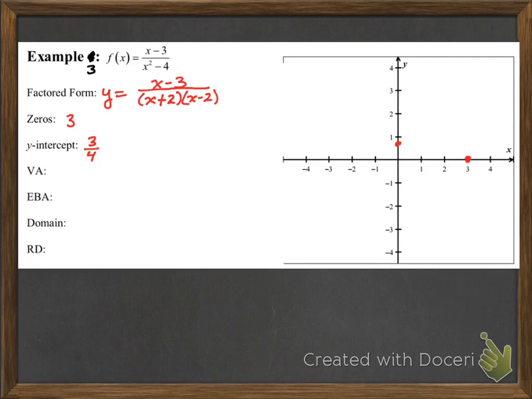Your vertical asymptote is going to come from your denominator here, and that is the x values that make your denominator 0. Well, that would be a -2 and a positive 2. So plus or minus 2, those are your vertical asymptotes, so we graph those as dotted lines on here.